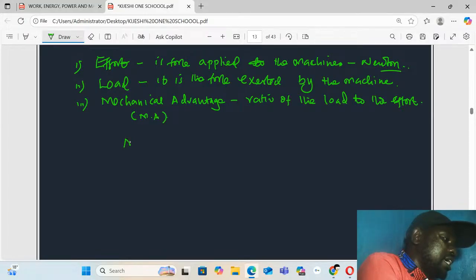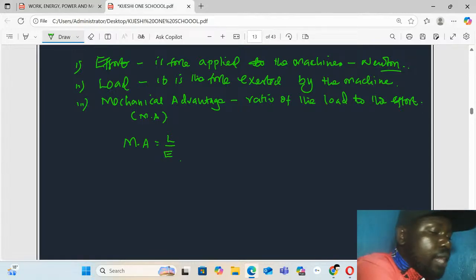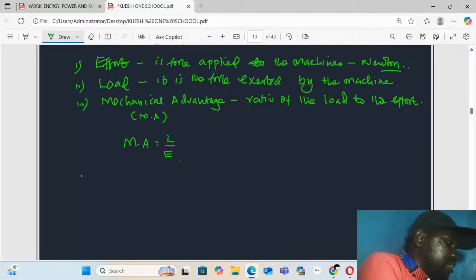Therefore, you can say MA is given by the load over effort. And since this is a ratio, it doesn't have units.